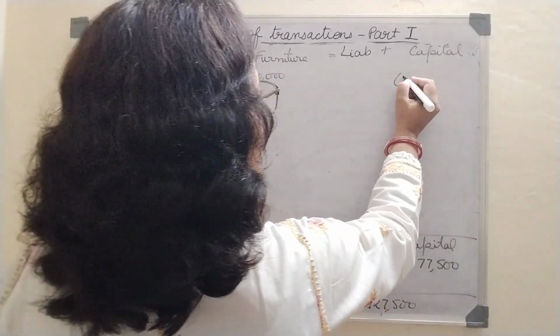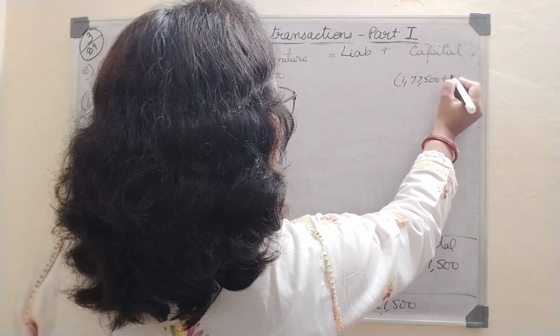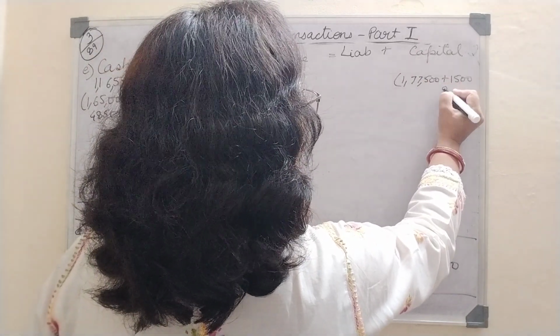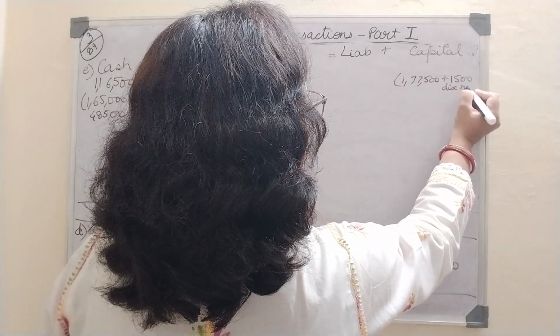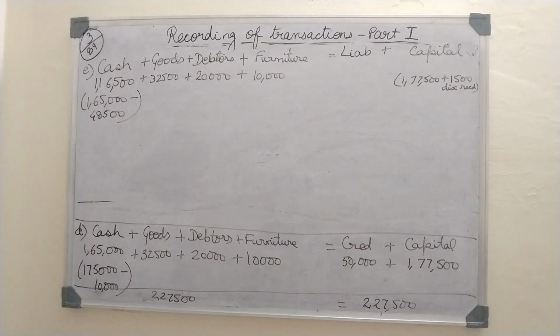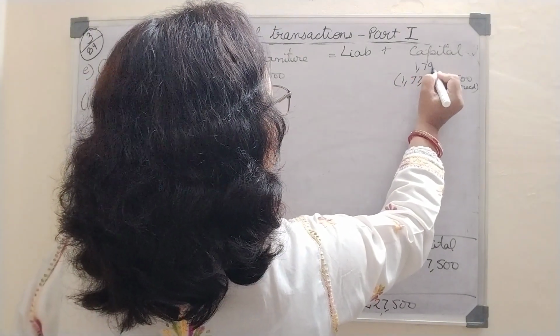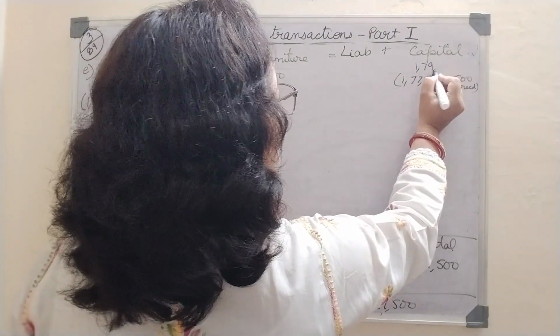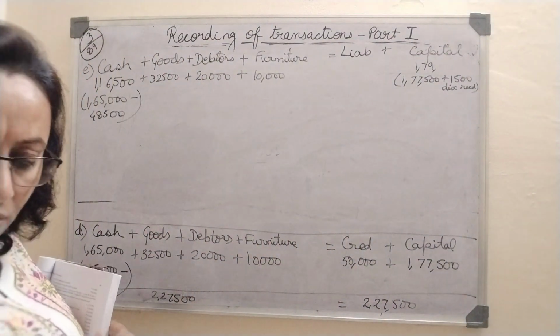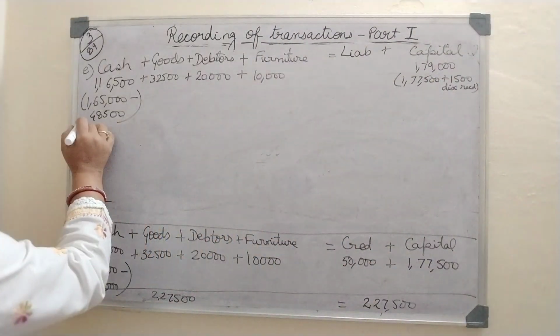So capital was 1,77,500 plus 1,500 discount received. Right? So as a note you can write over here also. So it comes to 1,79,000. Yes, right.